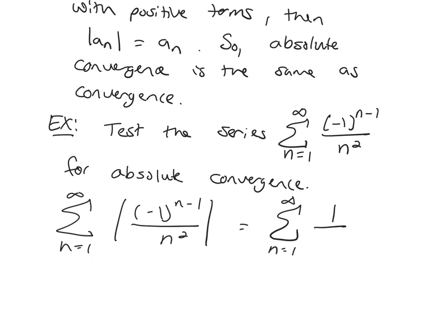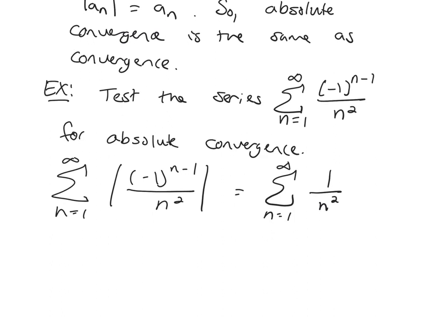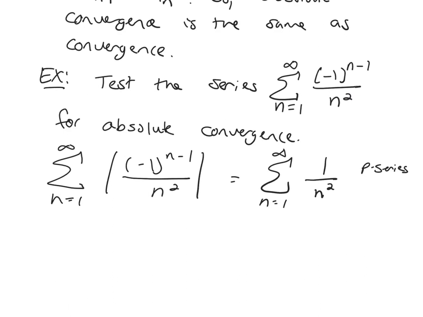And then the denominator is positive, right? n squared. Yeah, that's a p-series. Great. So this is a p-series. What's my value for p? 2. Does it converge or diverge? Converge. So the condition is p needs to be bigger than 1.